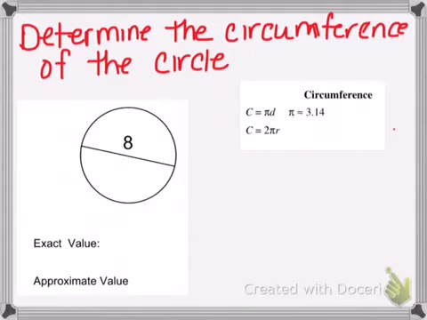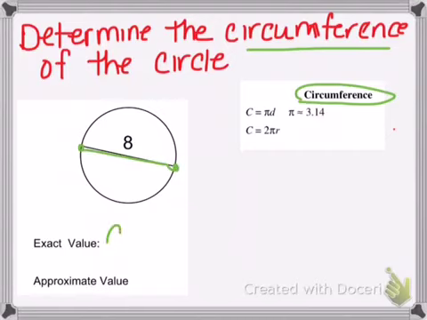We want to review how to determine the circumference of a circle. Make sure you locate the word circumference on the formula sheet. In this question, it's given us the diameter, all the way across the circle, is 8. So to find the exact value, we would say C stands for circumference equals pi times diameter, which is your first formula here.